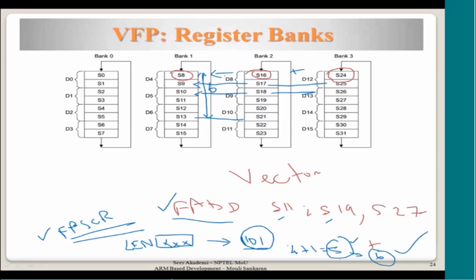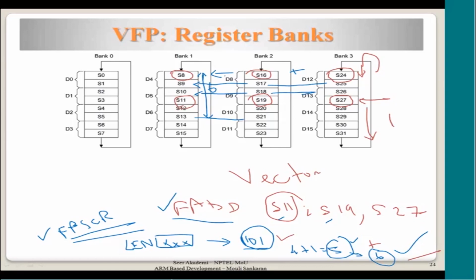This value happens to be the same, which means 6 operations, but you are starting from S11. That means registers S19 and S27. Starting from this register, go down. If you encounter the end of the bank, go up and pick the remaining operands.